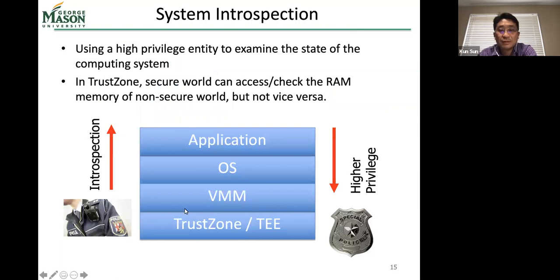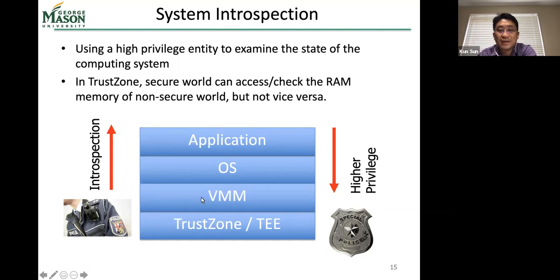So here, this one we just talked about is system introspection. Now we have this TrustZone, right? We mentioned TrustZone has a higher privilege, so it can look into the virtual machine manager, hypervisor, OS, or application, or the memories in the non-secure world.